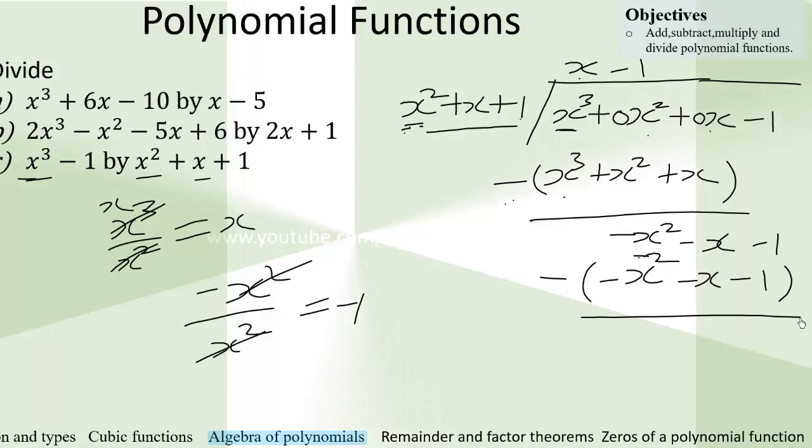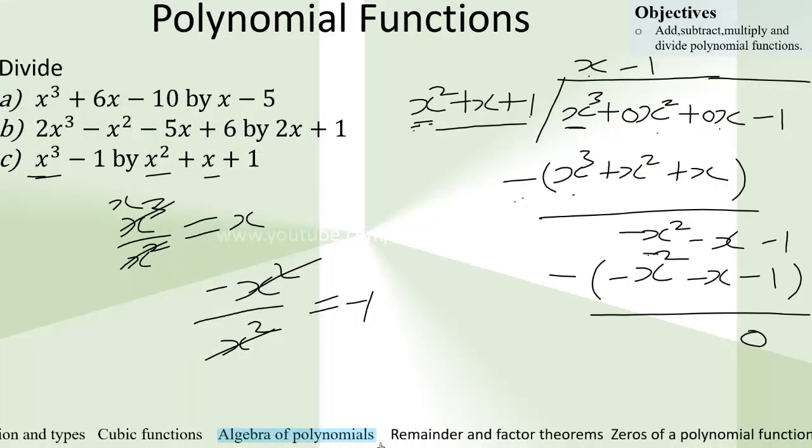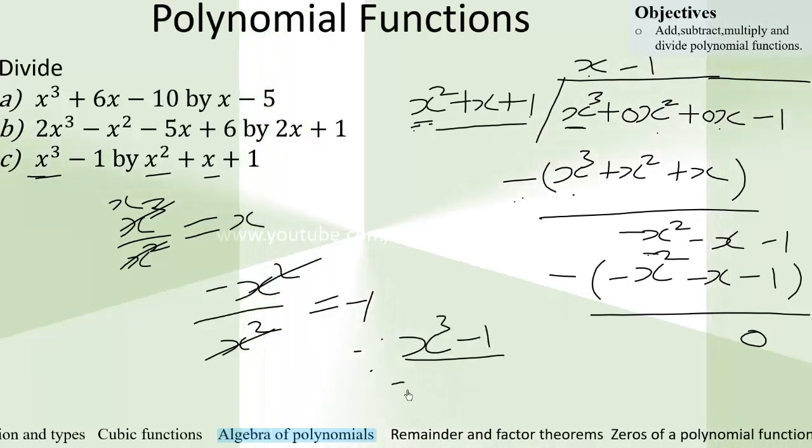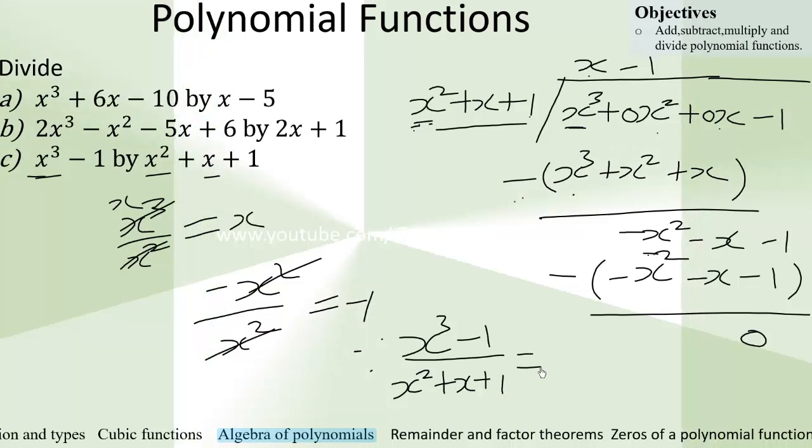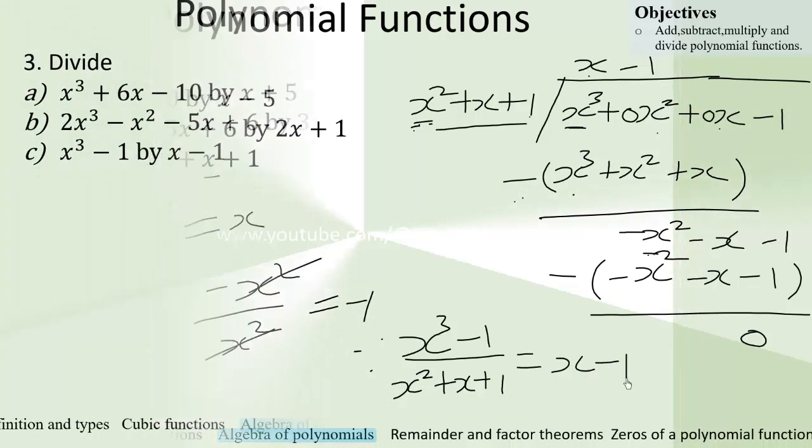And negative 1 minus negative 1 will also be 0. So the remainder will be 0. So therefore x cubed minus 1 divided by x squared plus x plus 1 is equal to x minus 1.